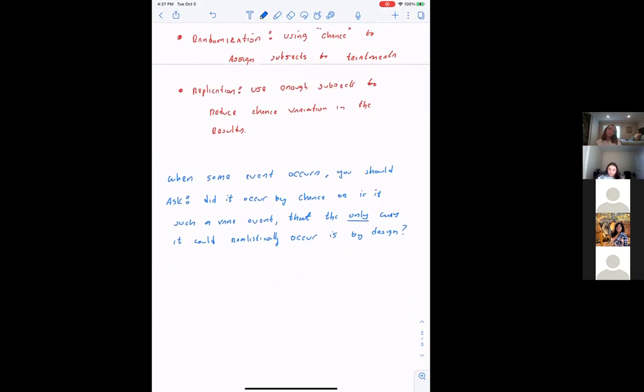So, an observed effect that would rarely, if ever, occur by chance is called statistically significant.